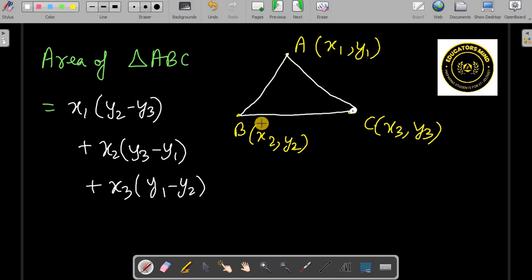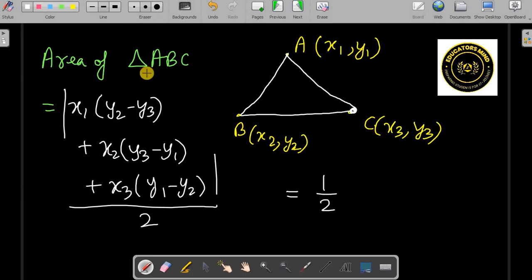So if you keep x1, then y2 minus y3. If you keep x2, then y3 minus y1. If you keep x3, then it is y1 minus y2. It goes in a cyclic order, and you have to calculate the magnitude of this and then divide it by 2.